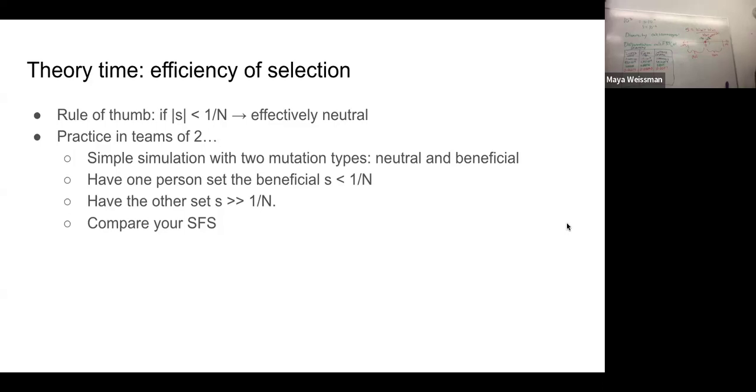Let's say you have 10 individuals and your S is equal to 0.000001. There's a single individual. That means we expect there to be 1.00001 individuals the next generation, which, if we round to the nearest 1, is exactly 1, right?